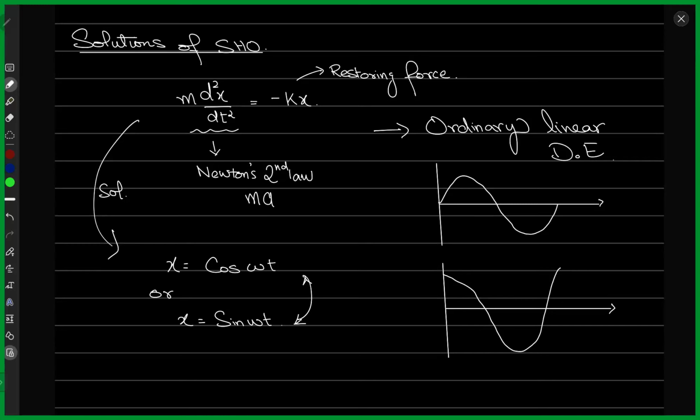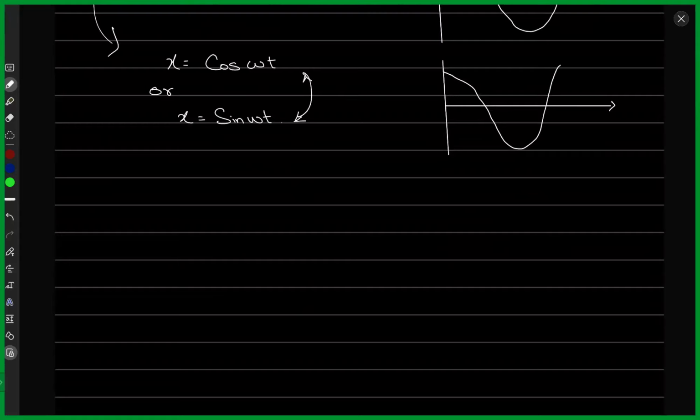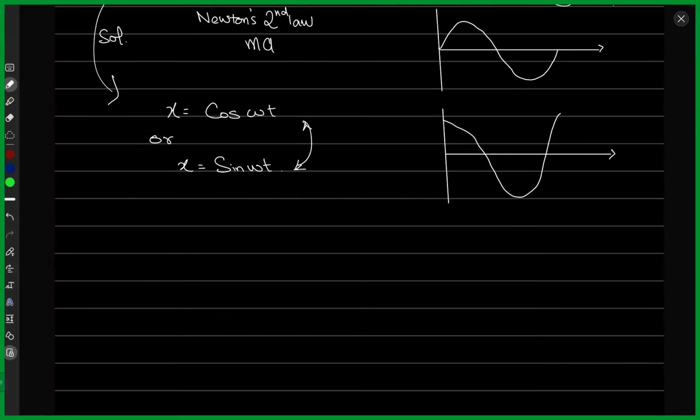Now, if both of these are solutions, we may pick any one. We can do that because sine and cos omega t can become the same function with some phase. For example, let's move this sine wave slightly to the left. Imagine I move this part of the wave to the left, so it would look something like this.